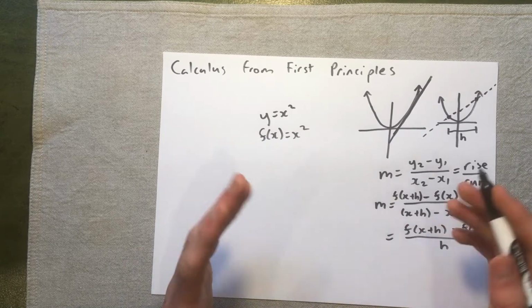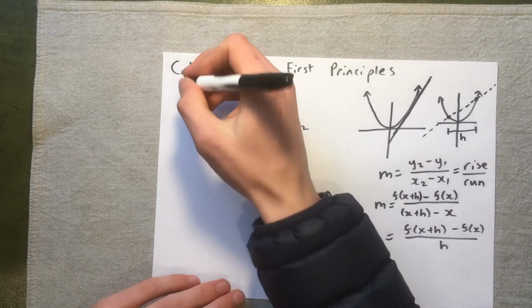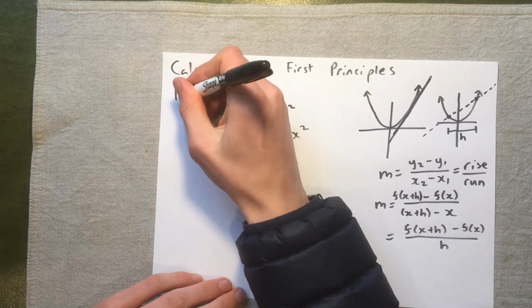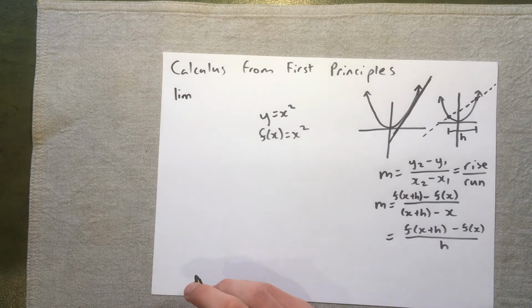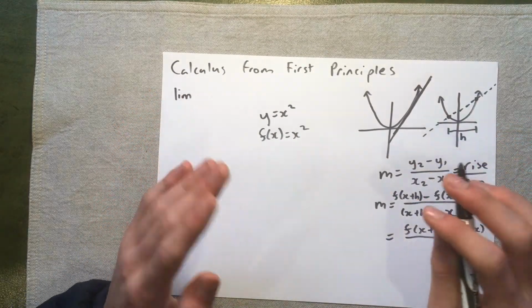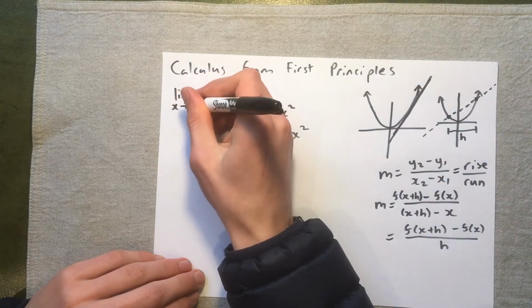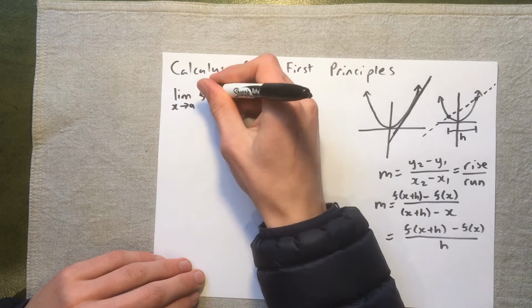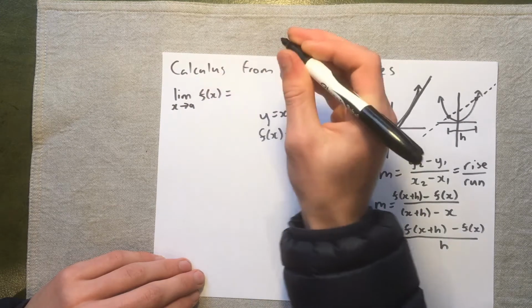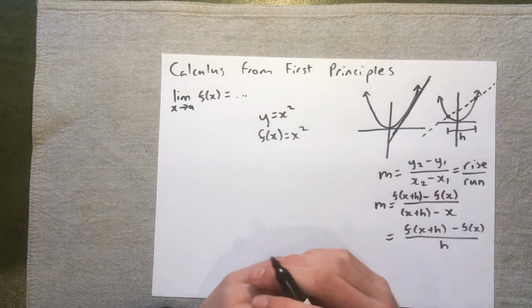But let's get a bit more complicated with it. In maths, there is a concept called limits, written as lim, and that is a point on the graph where the y value is going to approach but never actually reach. So imagine our x point is approaching a, and the limit of f of x is going to equal whatever that point is that y is never going to reach.